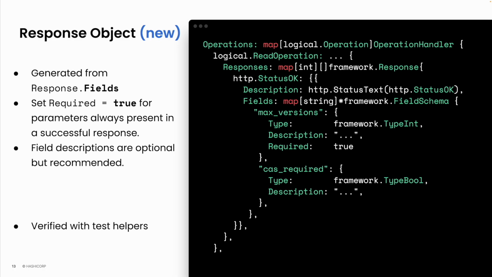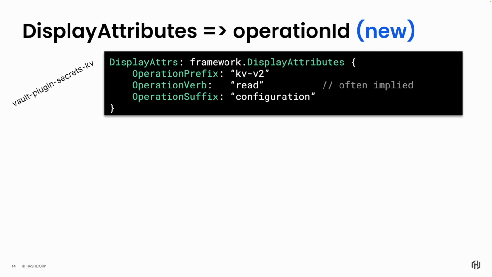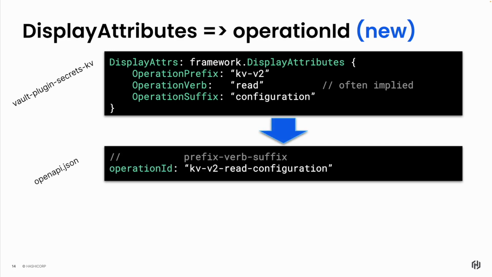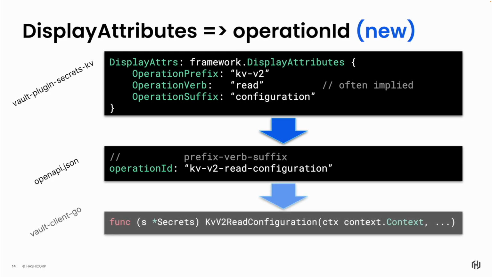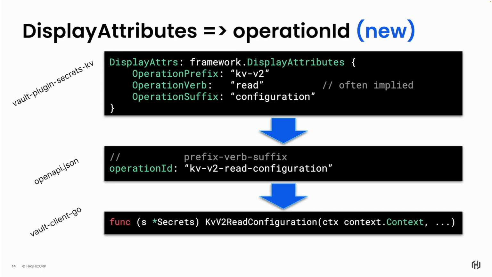Finally, be sure to populate the display attributes with the operation prefix, verb, and suffix. These will be translated into operation IDs by concatenating the three parts into one hyphenated string. And the operation IDs will map into the method names in the generated code.